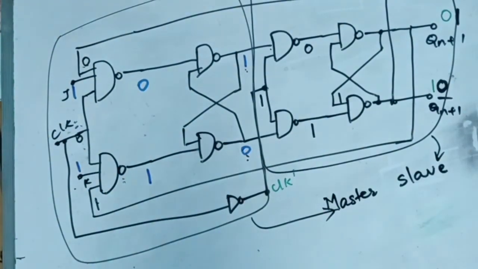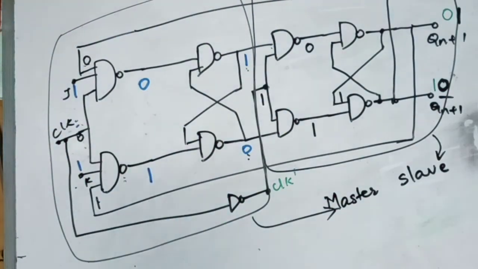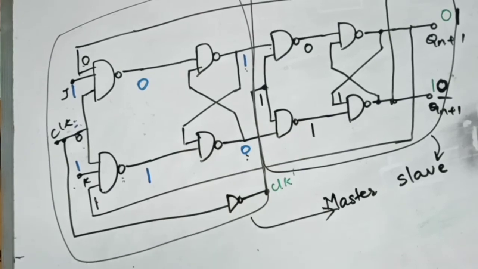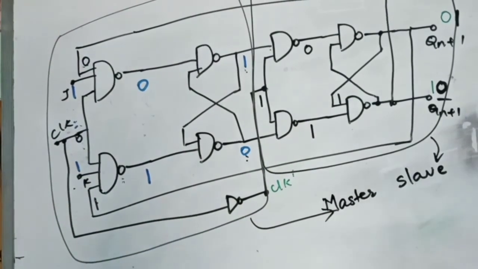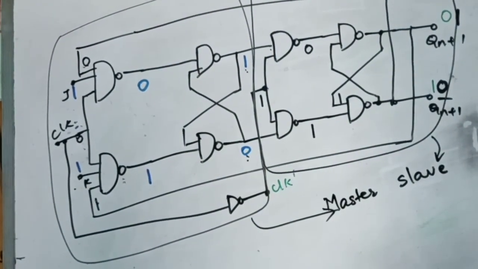When clock is equal to 1, master will give the output. The same output the slave will give when the clock is equal to 0. So slave is following the master in giving the output. That's why you call it a master slave flip-flop. And most of the flip-flops we get in day-to-day life are master slave flip-flops. So you don't have the race around condition as such.